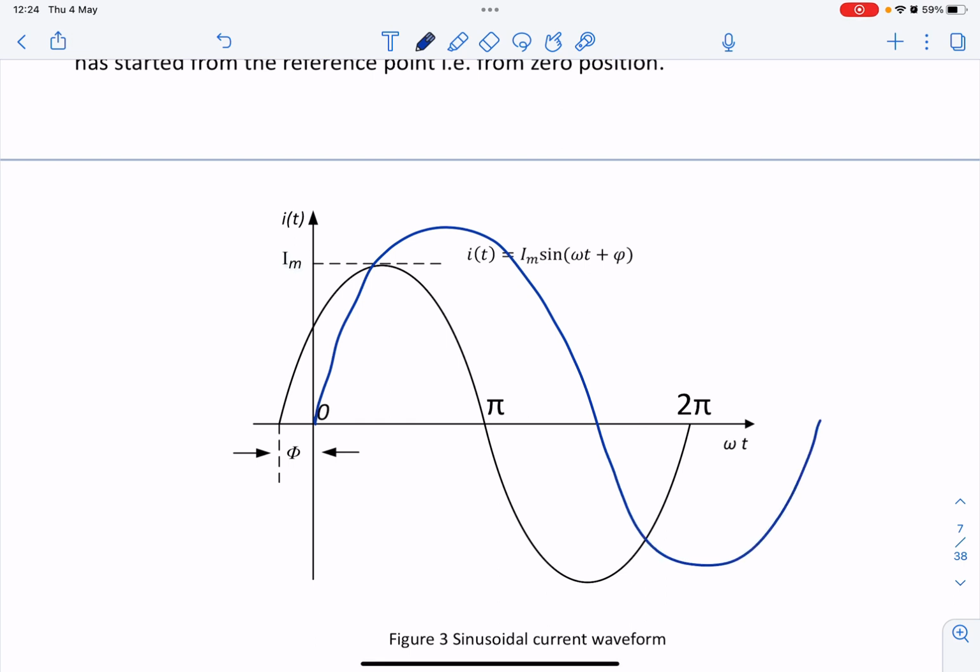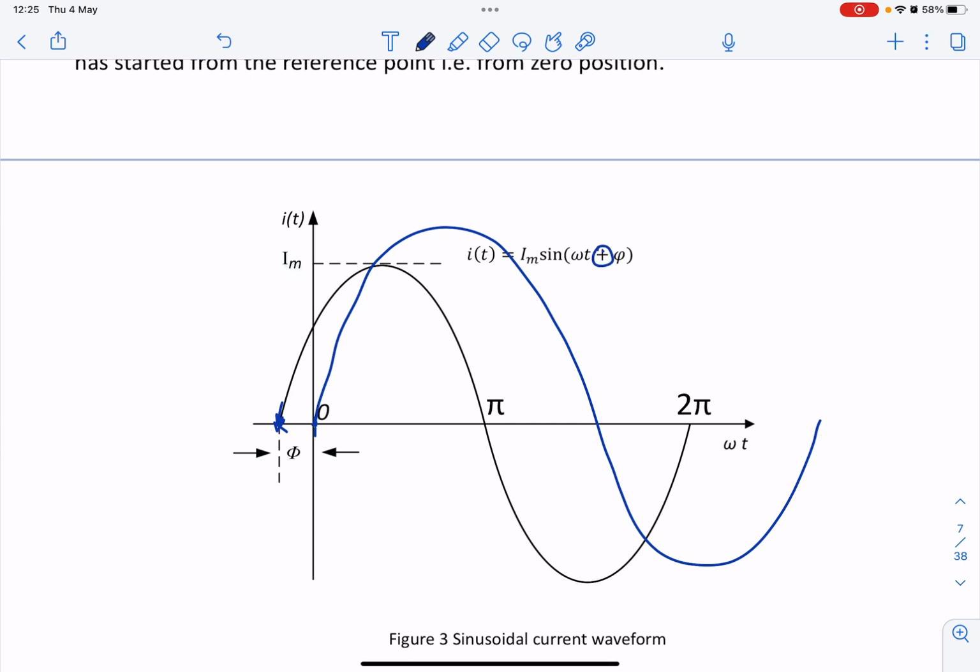If you look at this current waveform compared to the voltage waveform, the current starts rising earlier compared to the voltage. Voltage starts from 0 seconds, while the current starts at this point. So that is why it is plus here.